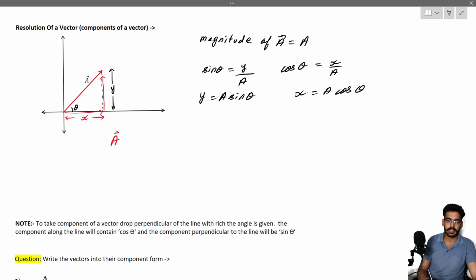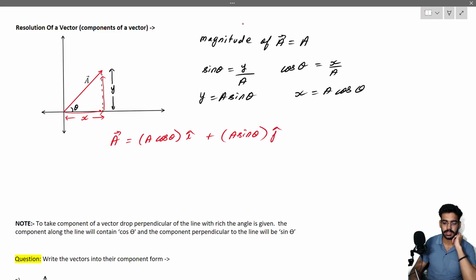So I can write vector A from the triangular law of addition: vector A is equal to this vector plus this vector, where this vector is along the y-axis and this vector is along the x-axis. The magnitude along x is A cos theta, and the direction is i cap, so I can write it in terms of unit vectors. Similarly, in the y direction the magnitude is A sin theta and the direction is j cap. That's how it came.